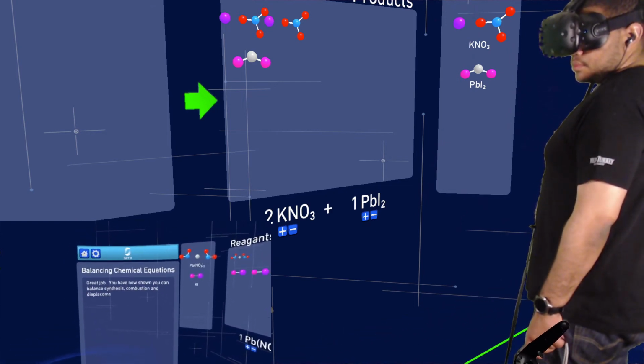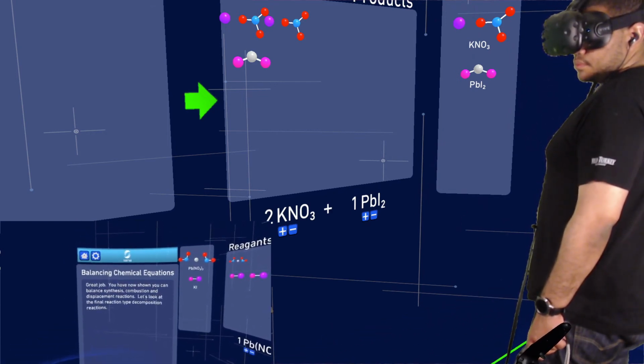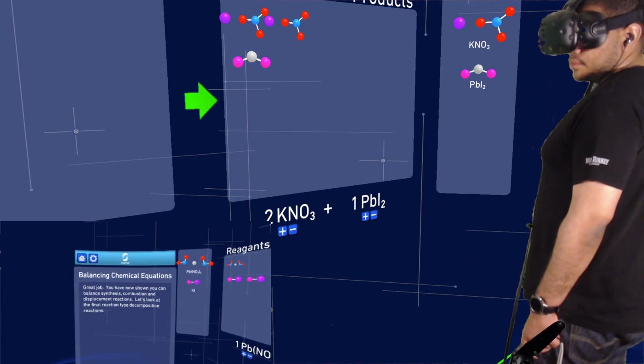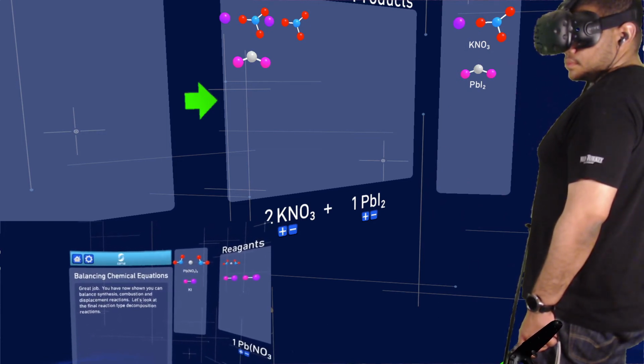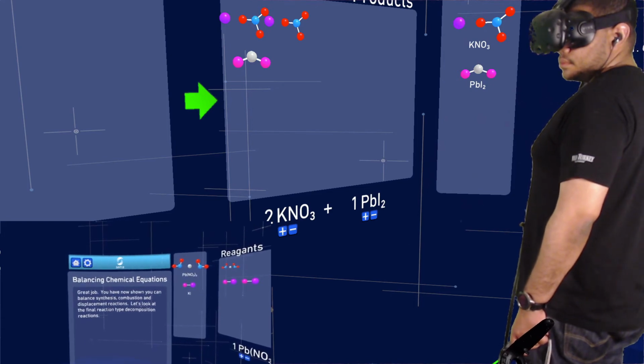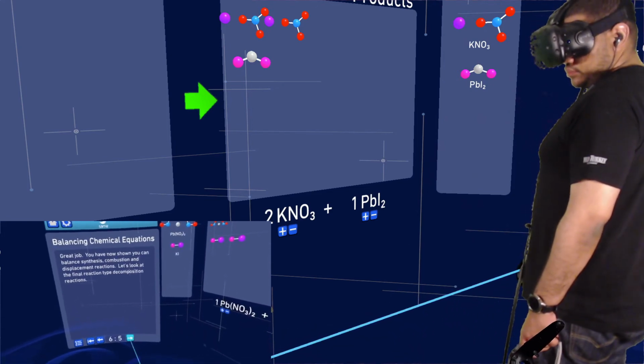Great job! You've now shown you can balance synthesis, combustion, and displacement reactions. Let's look at the final reaction type, decomposition reactions.